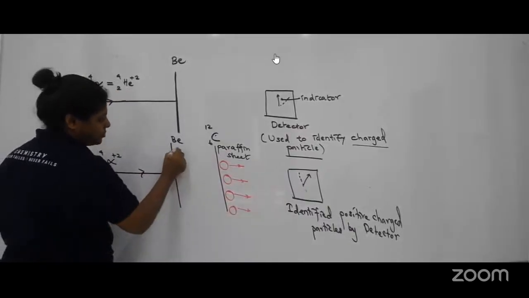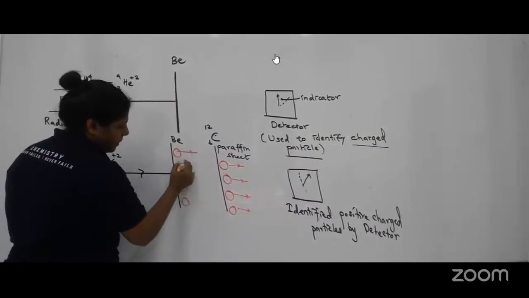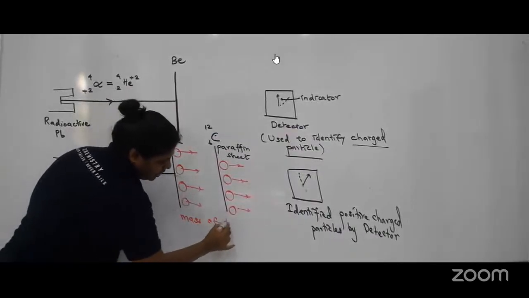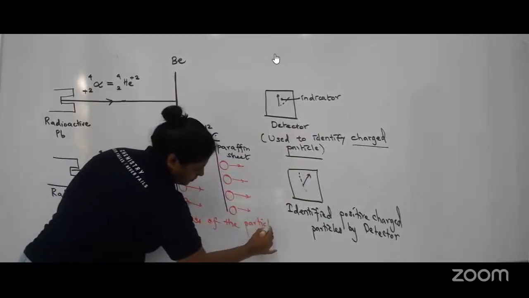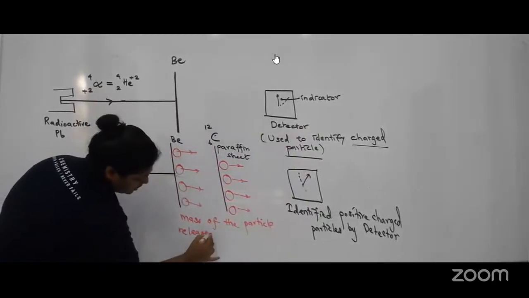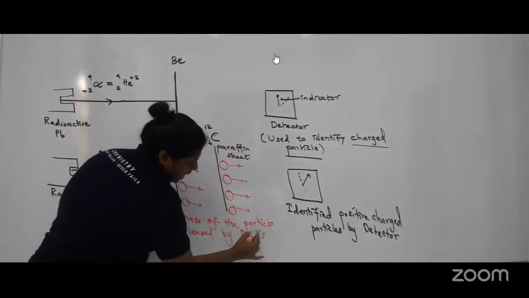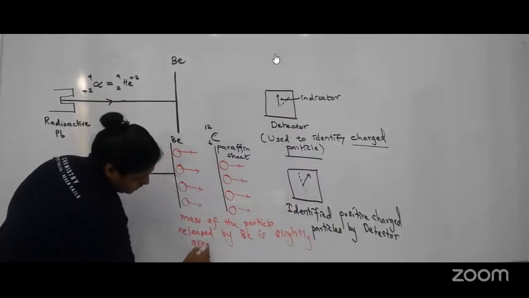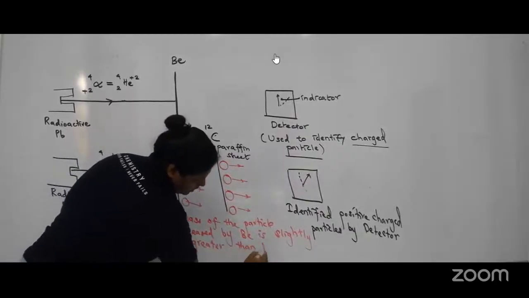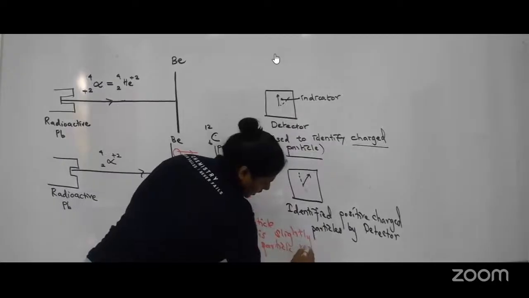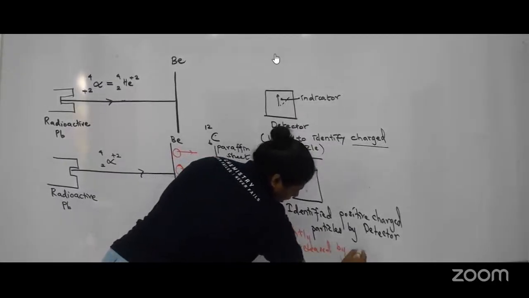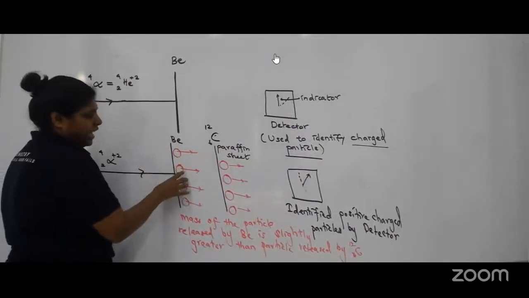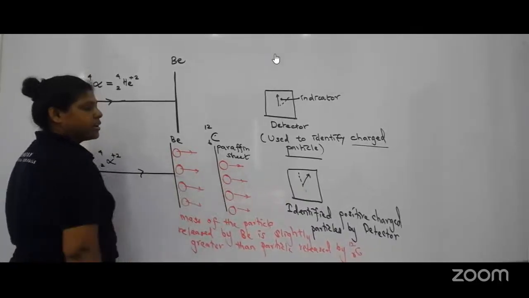The particle released by beryllium sheet has no charge, but the mass of the particle released by beryllium is slightly greater than the particle released by the carbon-612 isotope.